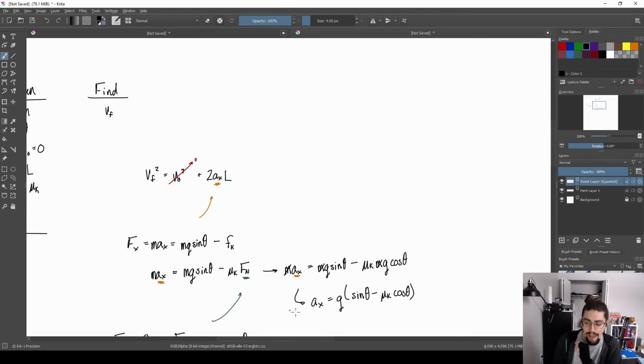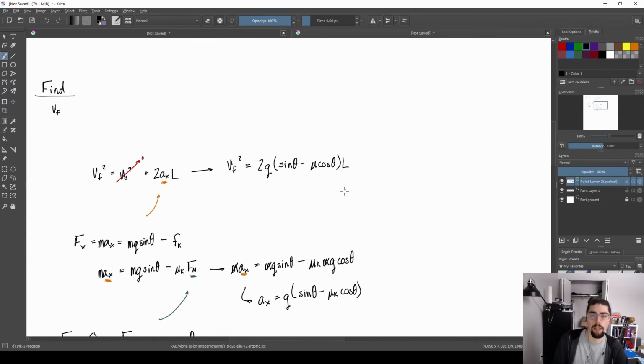Now, if I have acceleration, I already had L, I have everything I need to find my final velocity. Final velocity squared is equal to 2 times g sine of theta minus mu cosine of theta times L. Final step, take a square root of this thing.